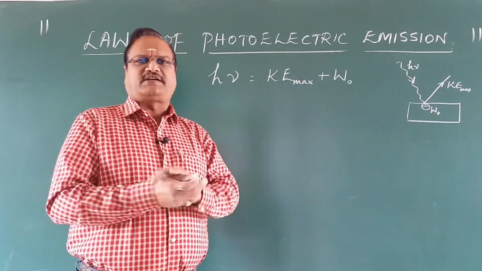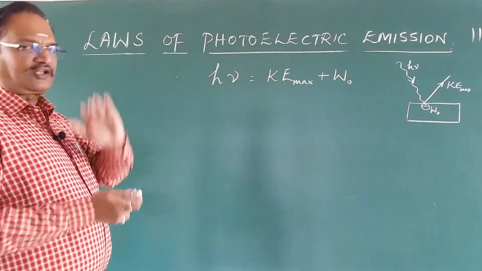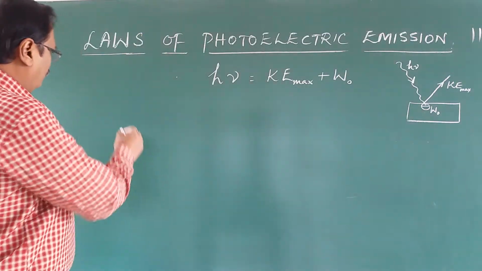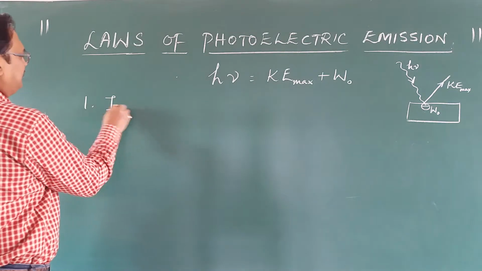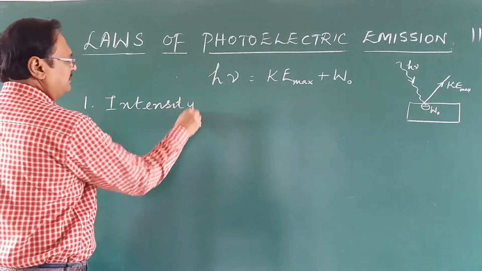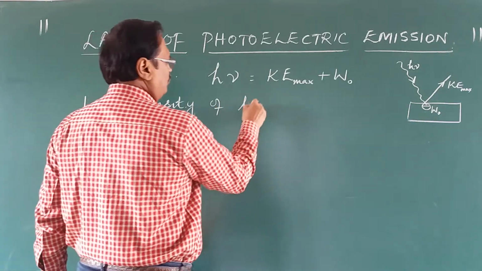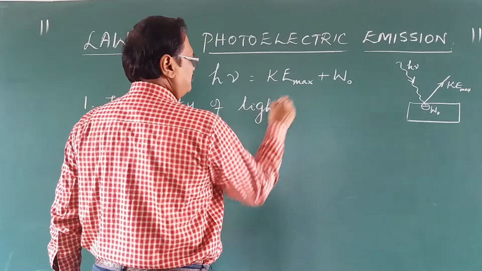But there's something different actually. So what do the photoelectric emission laws say? The first one talks about the intensity of light, the intensity of the radiation, which we are talking about, which is light.